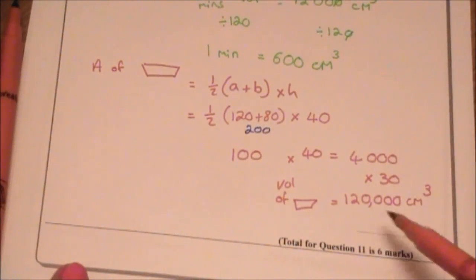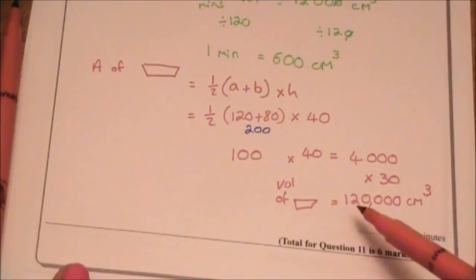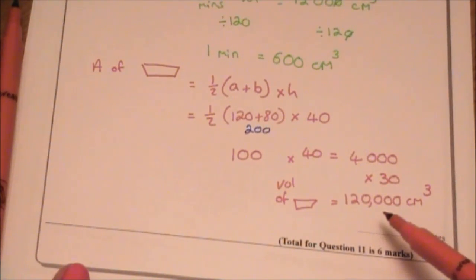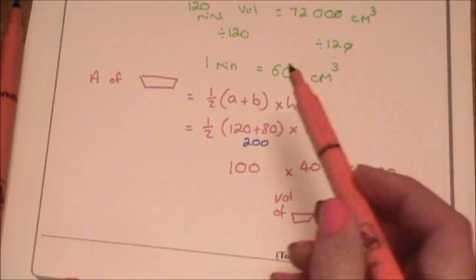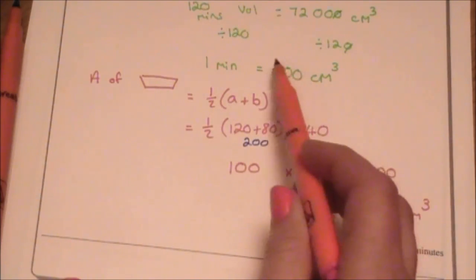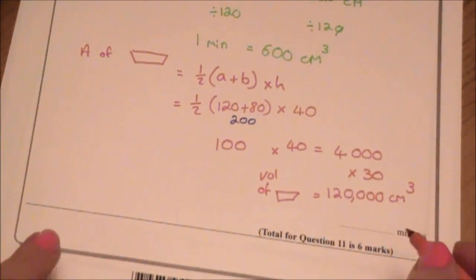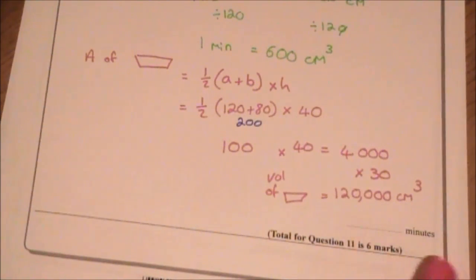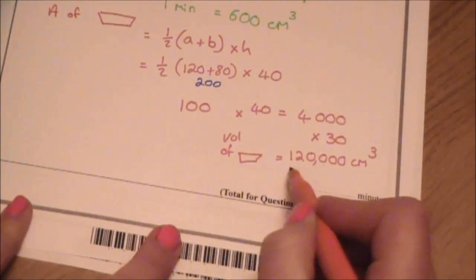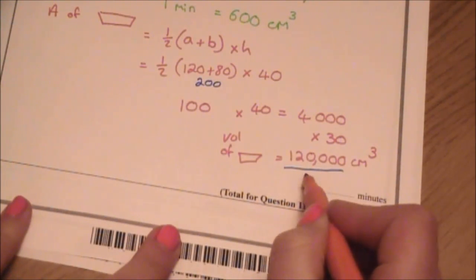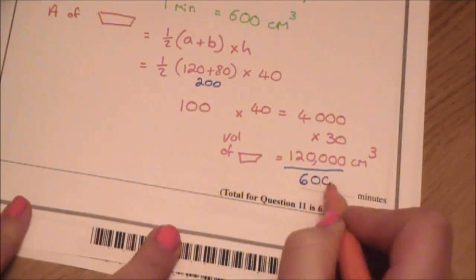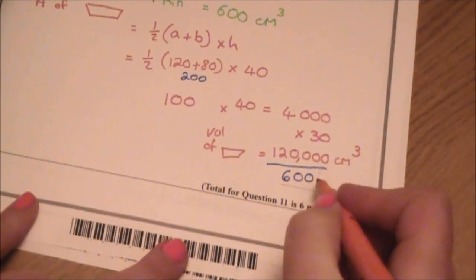Now, because I know that there's 120,000 centimetres cubed left to empty in the tank, and I know that it comes out at 600 centimetres cubed per minute, in order to find out how many minutes are left, I need to do my 120,000 divided by the 600 centimetres cubed per minute.